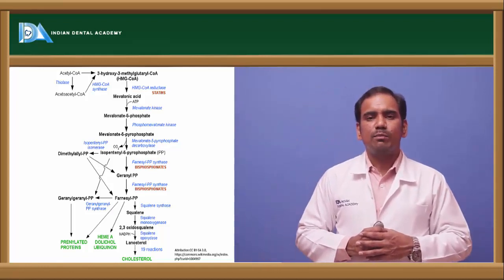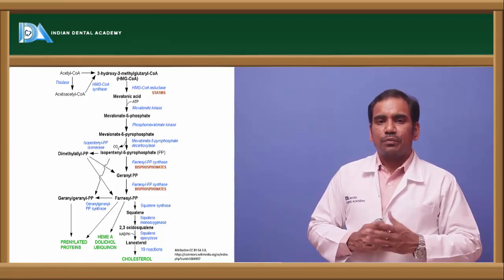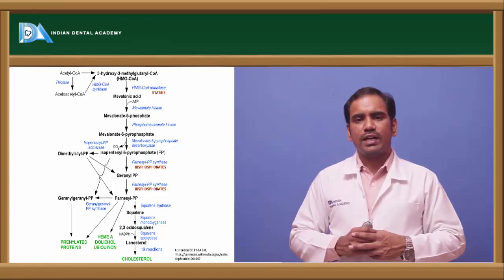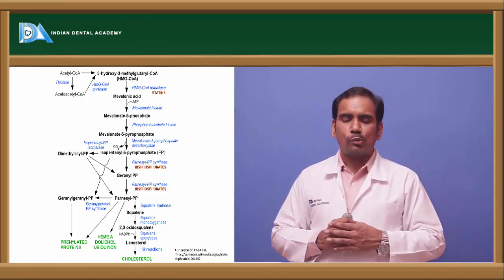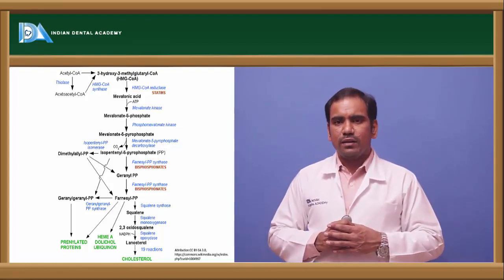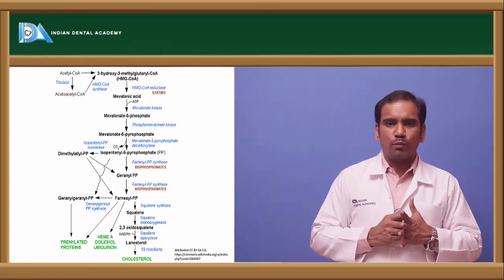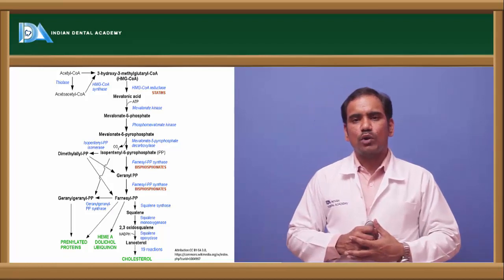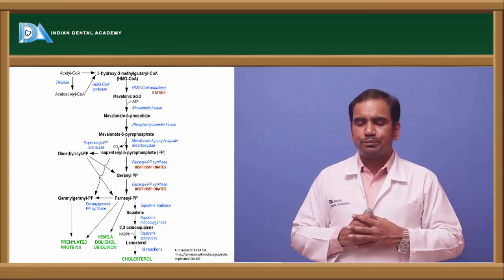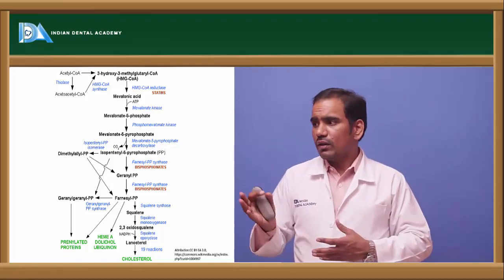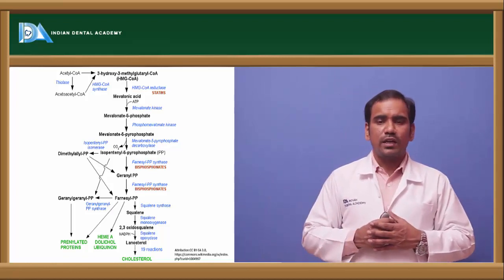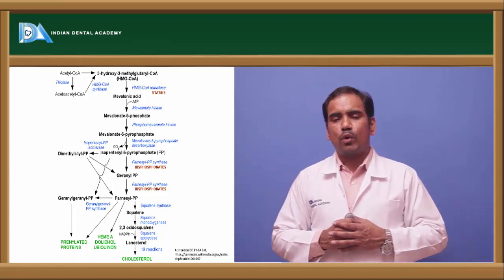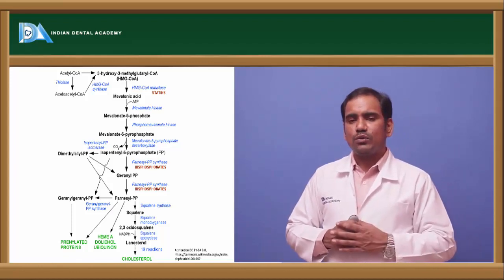Two molecules of farnesyl pyrophosphate react to form a 30-carbon compound called squalene. Squalene, by the action of the enzyme squalene monooxygenase, is converted into an epoxide form, and that epoxide form is converted into lanosterol by the action of the enzyme squalene epoxidase cyclase.